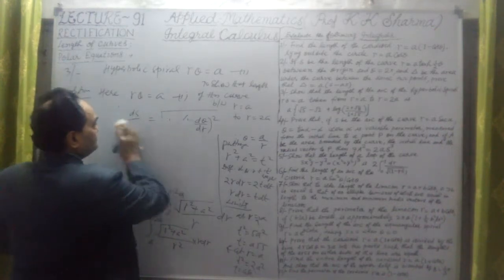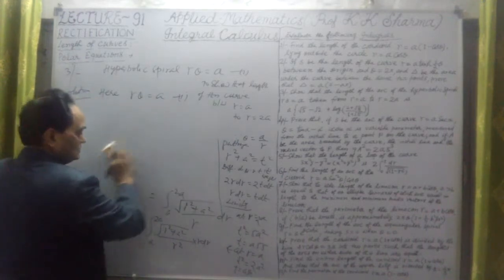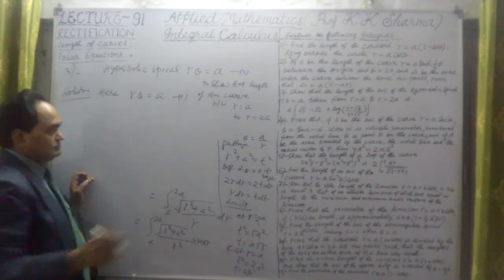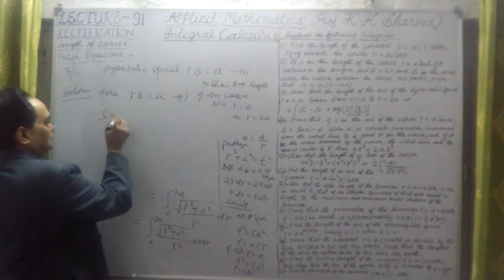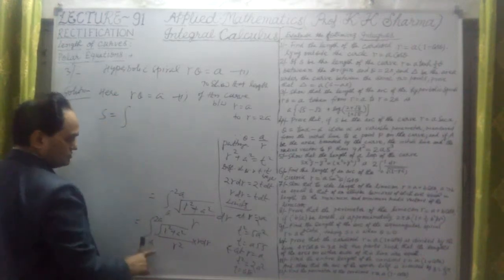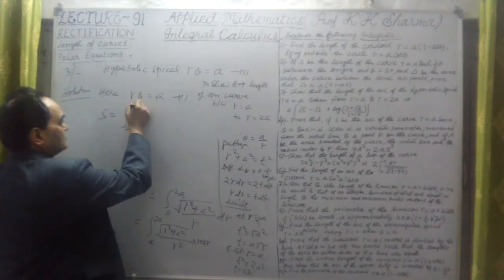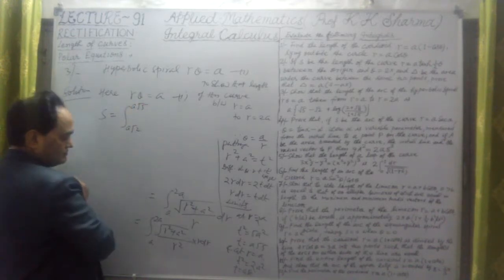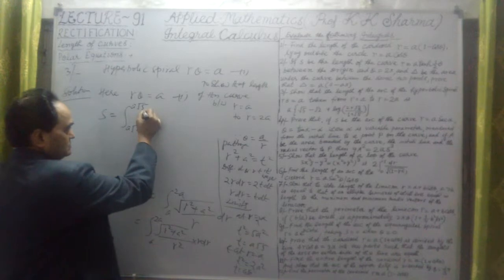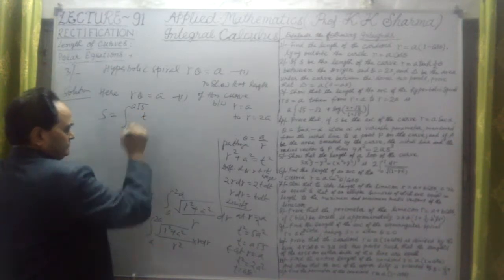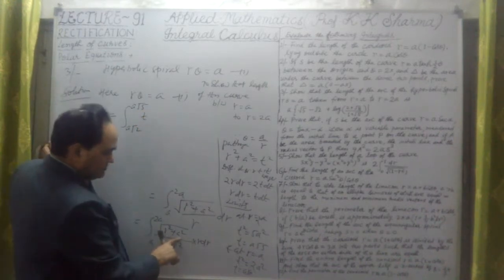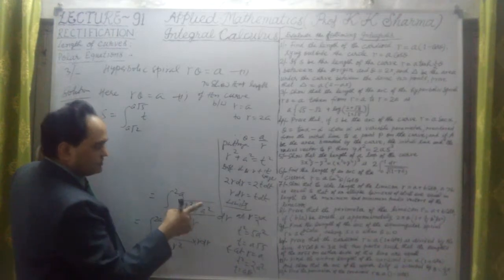So therefore, S, the length we are calculating, is equal to, with limits now, lower limit A under root 2 and upper limit A under root 5. And this is T, because under root r square plus a square is the square root of t square, that means t only.